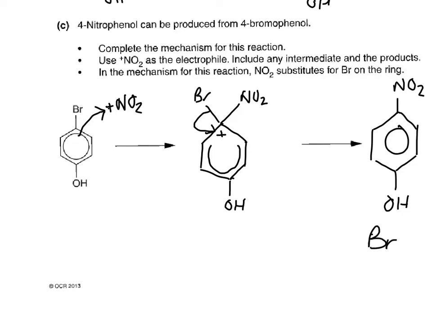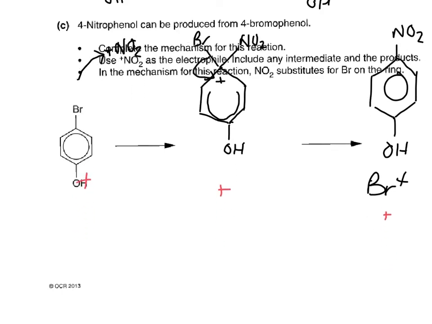It's going to be Br plus. Our bromine here lost an electron, so it's going to end up positively charged. And if we look, the overall charge as we go through each step is a single positive charge at each step. Overall it can't change. The charges need to add up. Lovely.